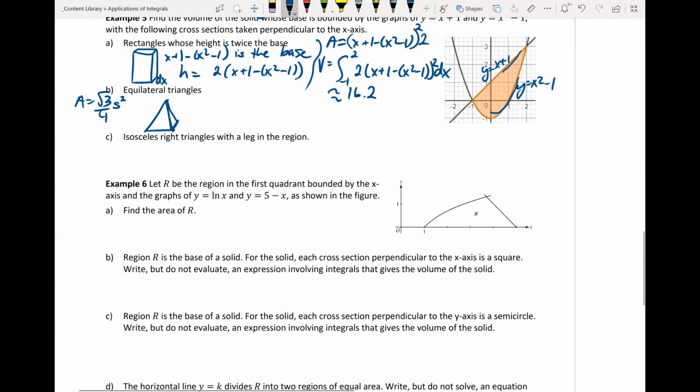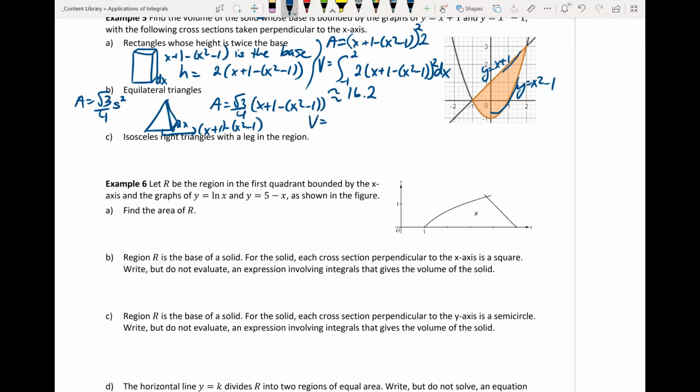It's going to be the same sort of thing as the rectangles, where we have top minus bottom. So then our area is going to be root 3 over 4 times s squared, where s is x plus 1 minus x squared minus 1.